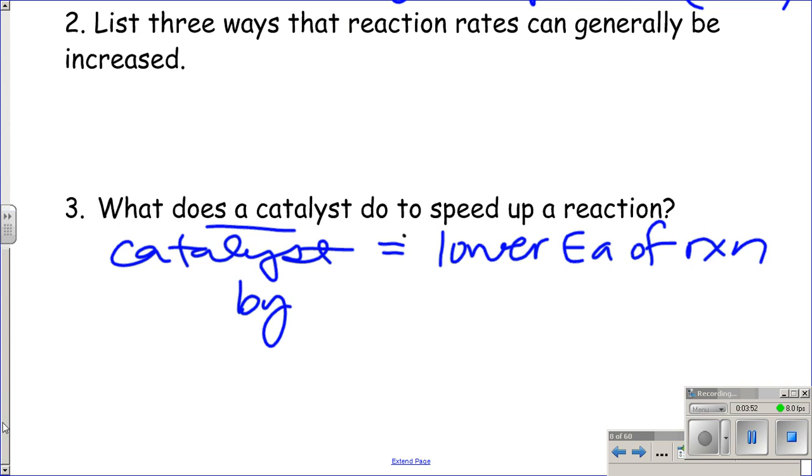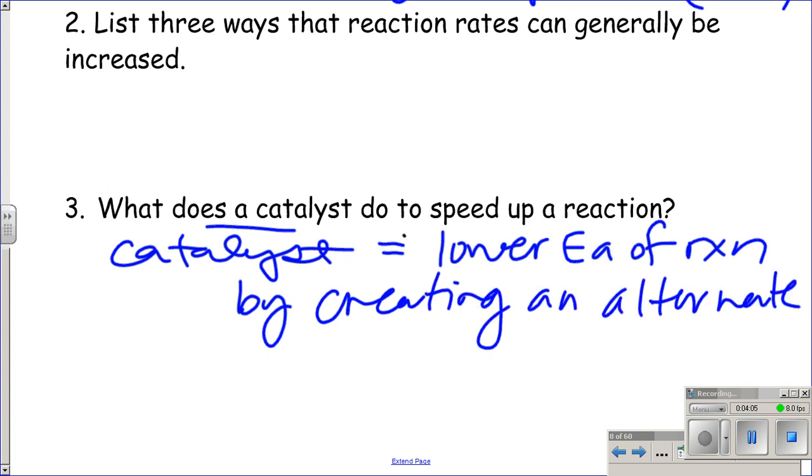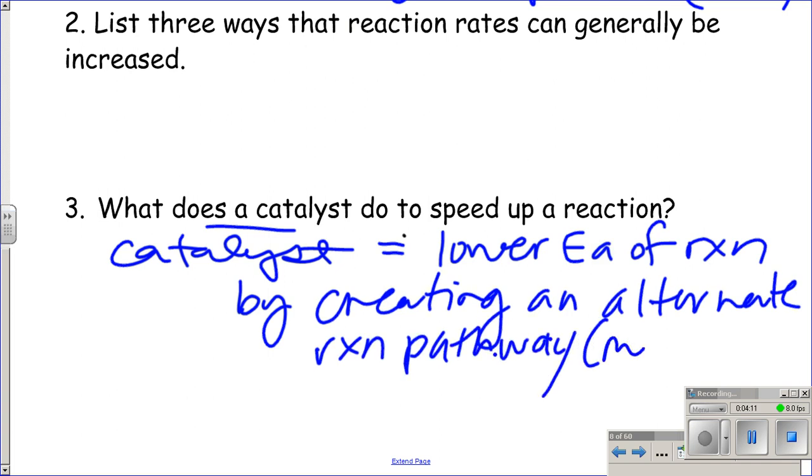Anybody, something about a pathway? Okay, creating an alternate pathway, by creating an alternate reaction pathway. You could call a pathway a mechanism too. That's another way of saying it.